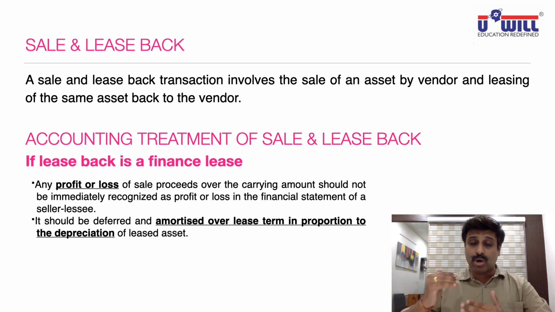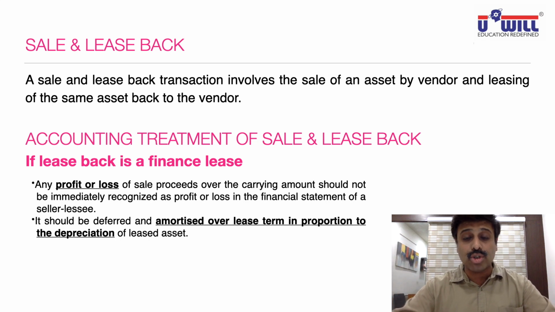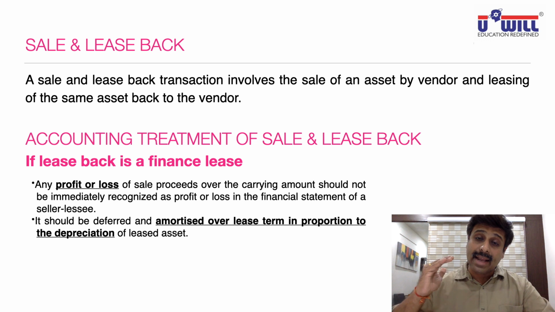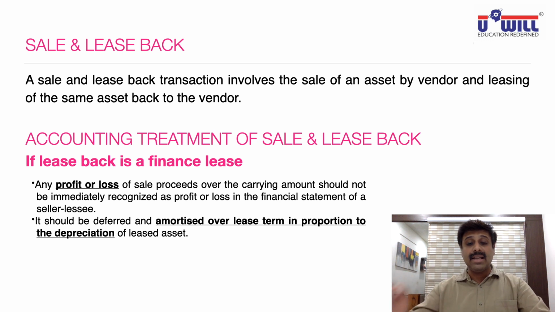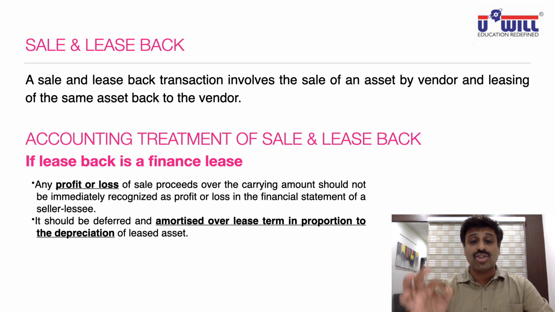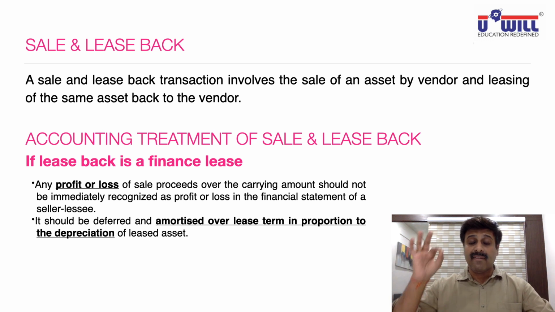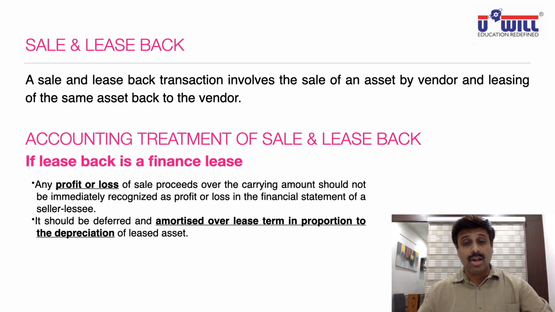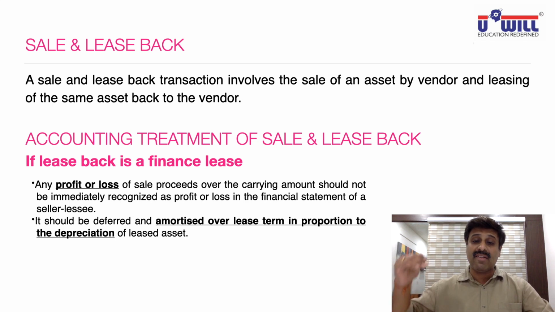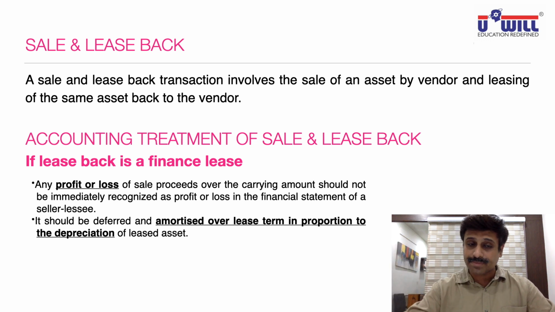And amortized means spread over future years, over the lease term in proportion to the depreciation of the asset. How will you spread it over various years? In the proportion or ratio of depreciation. So finance lease is very simple. Whether you earn profit or you incur loss, it will be amortized, spread over various years in the ratio of depreciation.